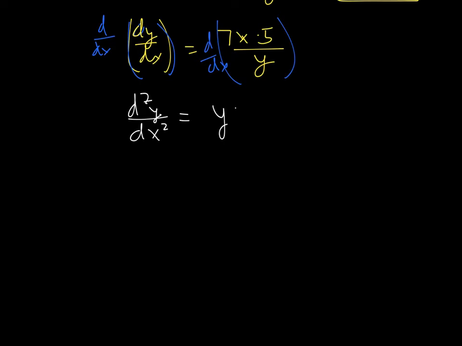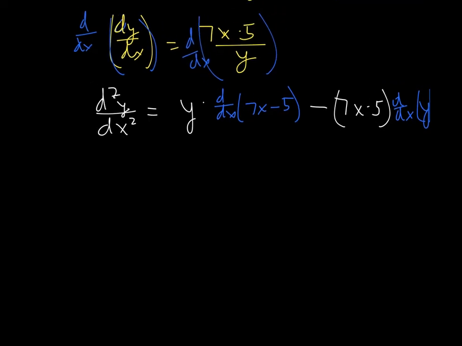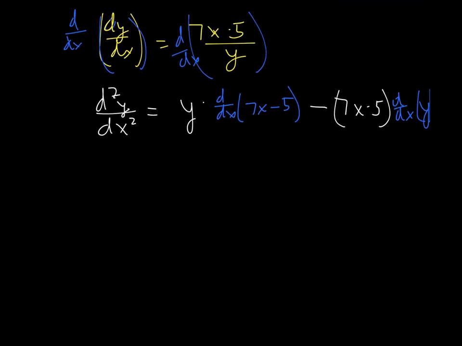So we're going to start with our denominator times derivative of the numerator, d dx of 7x minus 5. Minus numerator 7x minus 5 times derivative with respect to x of my denominator, which is y. And all over my denominator squared, y squared.